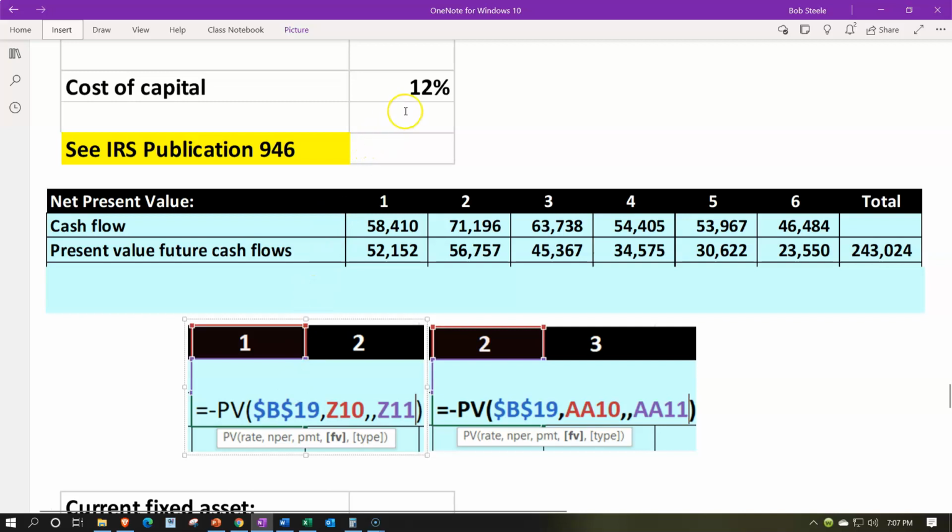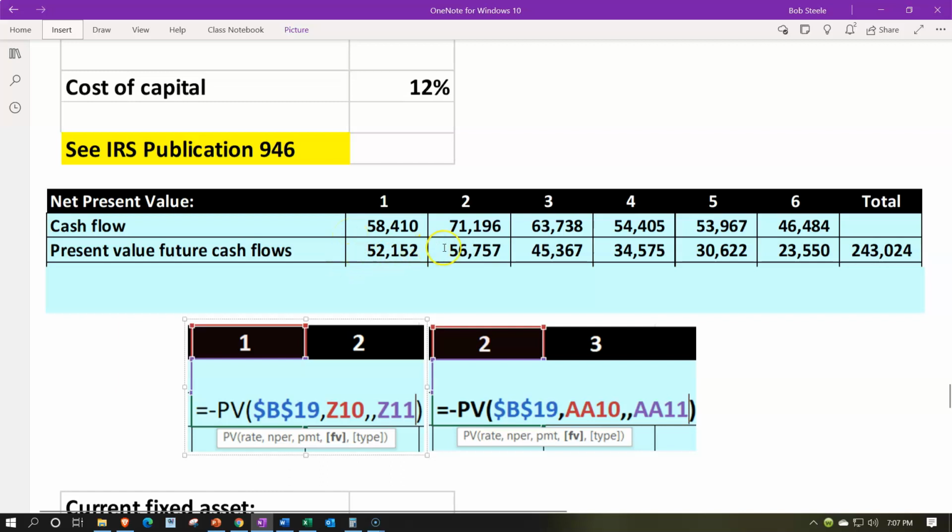It's referring to that 12%, and it's an absolute, so when we copy it across, it'll copy easily, comma. Number of periods is 1, which is not hard-coded, but rather using a formula referring to the 1 up top, so we could copy it, comma, comma, because it's not an annuity, but present value of 1, and then we take the future value, which is the 58,410.